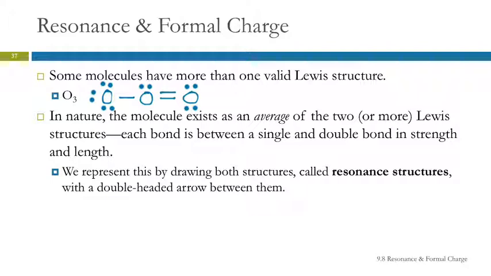Is there another structure we could draw that is extremely similar to that? I think of it this way. These oxygens are like children, perhaps. These may be identical triplets, right? So they're all oxygen, but are they all the same person?